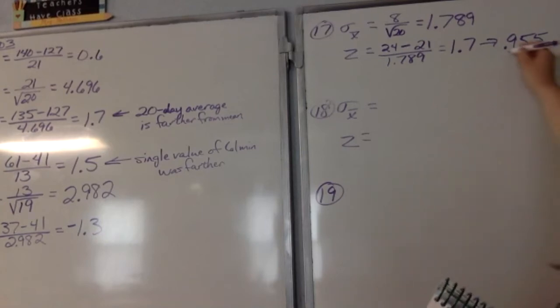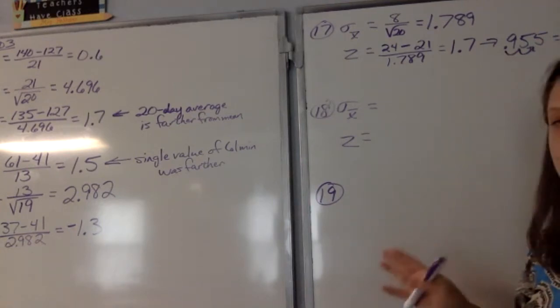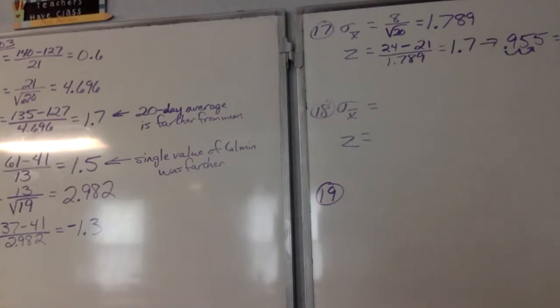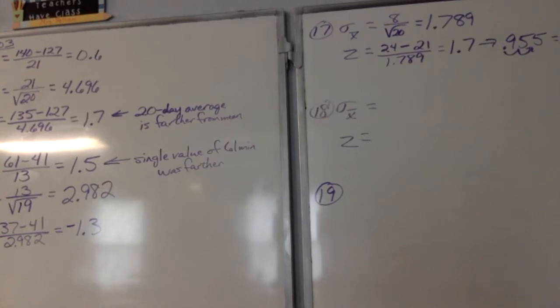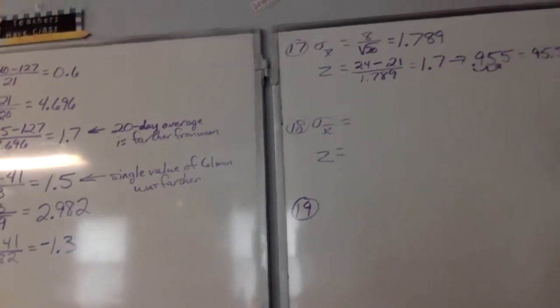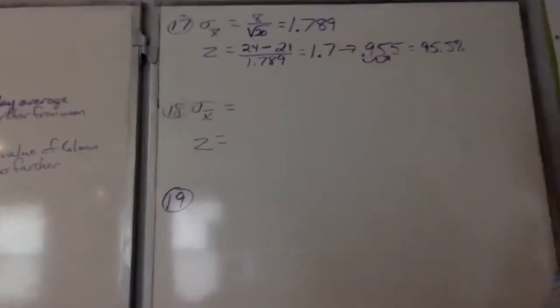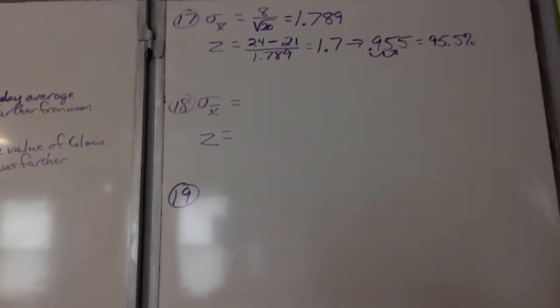So we move the decimal. It's 95.5% that he will pick one of those 20 people that will spend 24 minutes or less in the pool. Okay. So it's 95.5%.